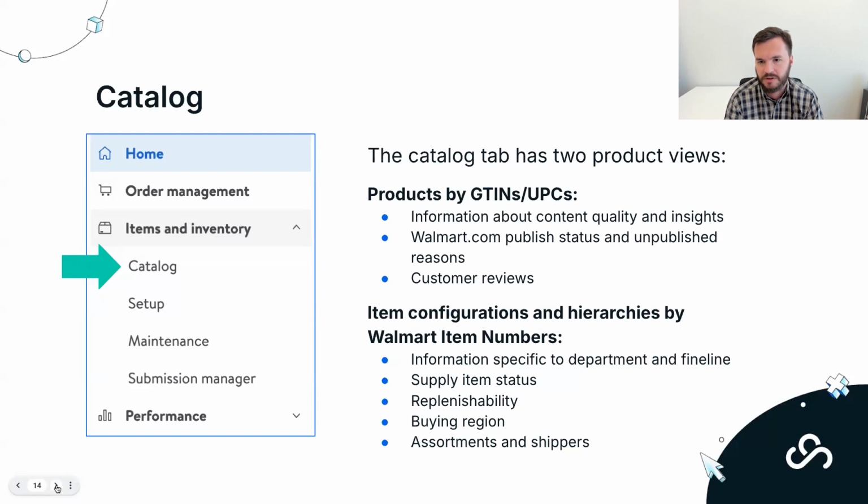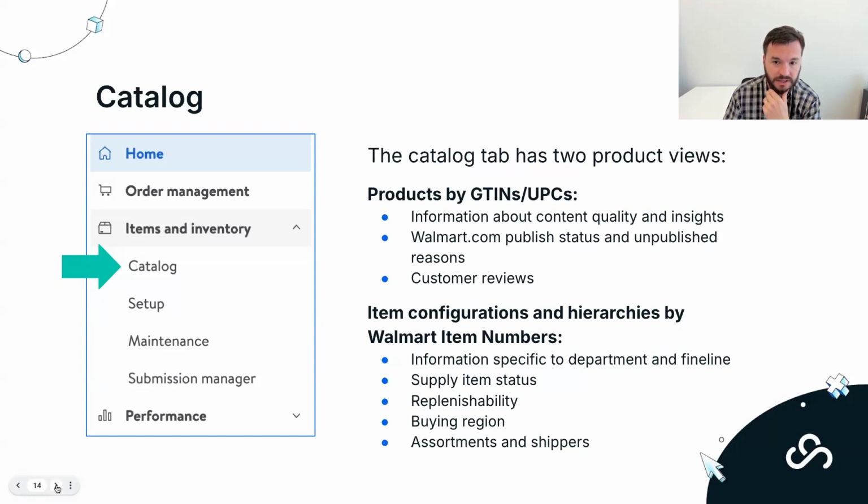And then you can look at item configurations and hierarchies by the Walmart item number. So this is basically, are you looking at it from a supplier perspective or from a Walmart perspective? If you're just on the Walmart team, you'll be a bit more on the Walmart item numbers side of things. But you may also only have certain data for looking into the GTINs. That could be helpful as well.